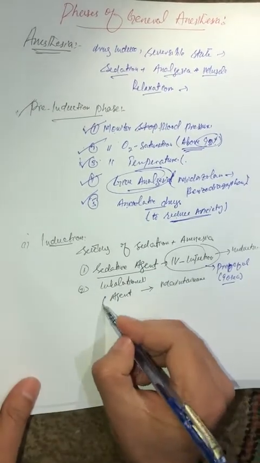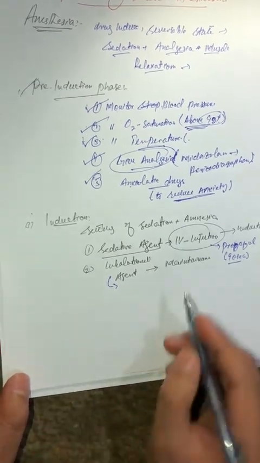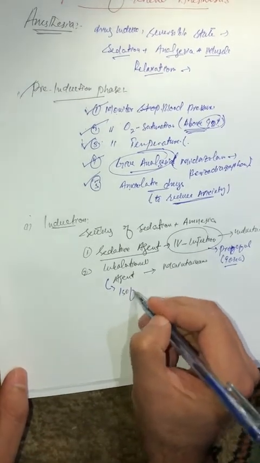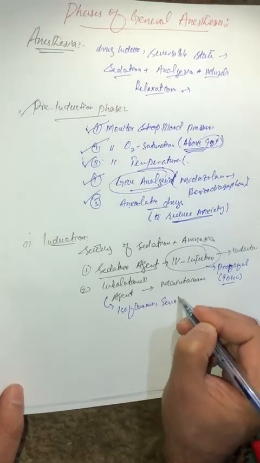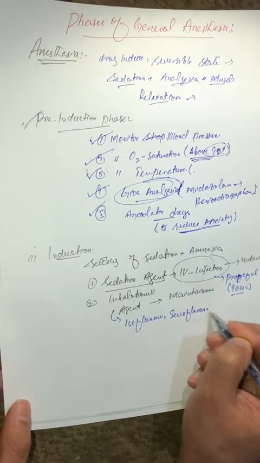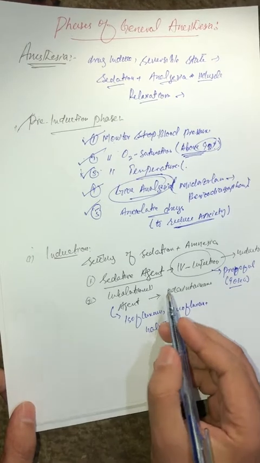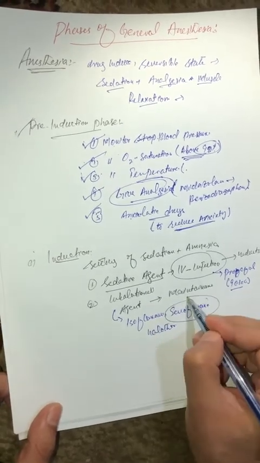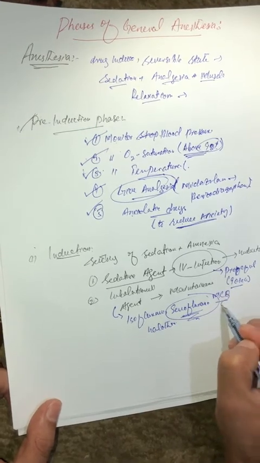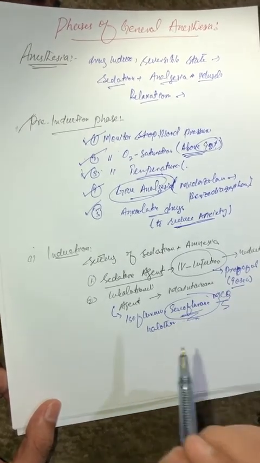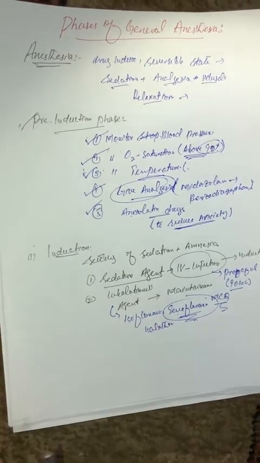The inhalational ones include isoflurane, sevoflurane, and halothane. But the most commonly used is sevoflurane. And this is an MCQ also. The most commonly used inhalational agent in induction is sevoflurane.